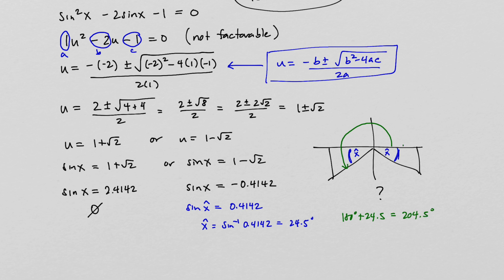Or the other angle is going to be this angle over here, which you can find by doing 360 degrees minus 24.5. And that is 335.5. And those are our two solutions.